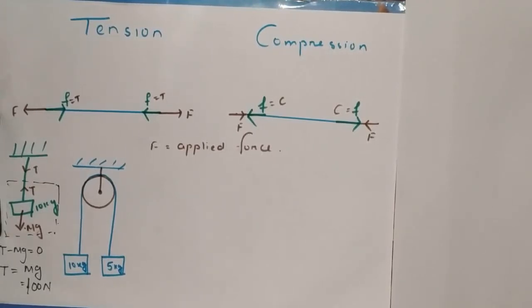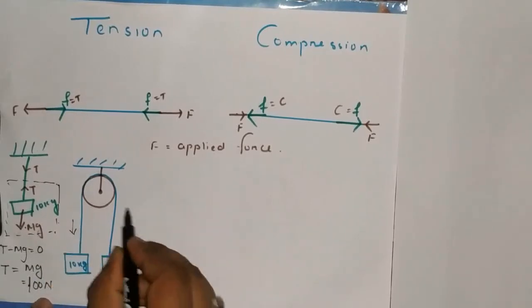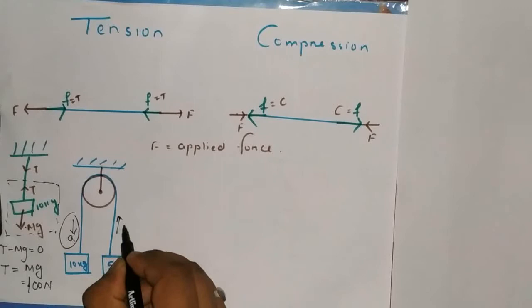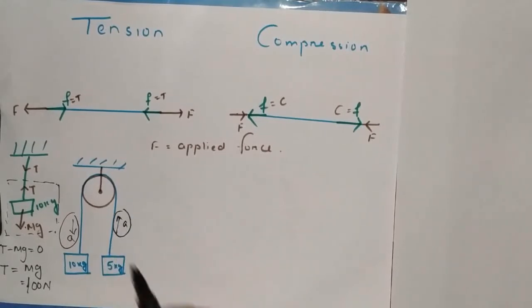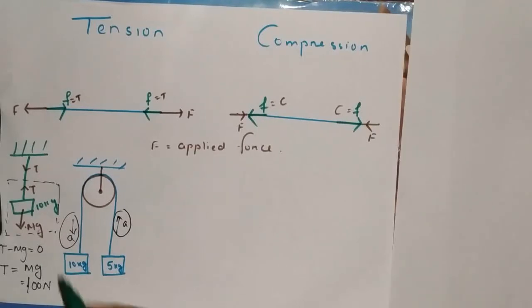Of course, it will move. In which direction? The direction where the mass is more. That means the acceleration direction will be downward for this one, and upward for the other. It will move down, it will move up. Let us go for that.